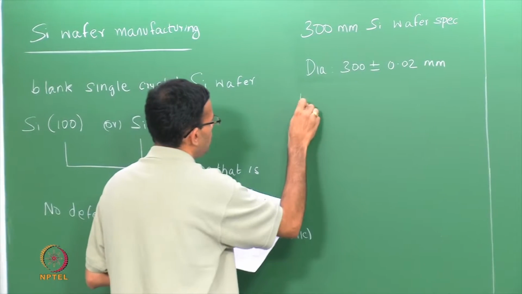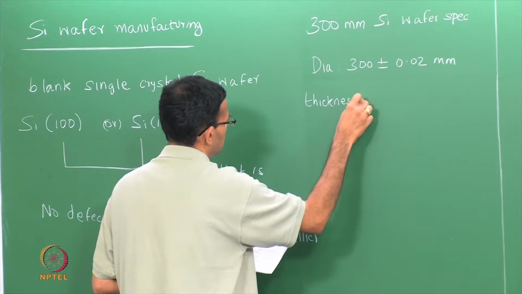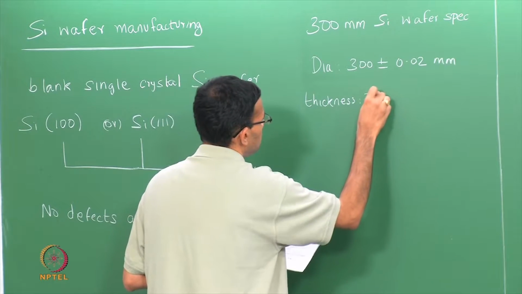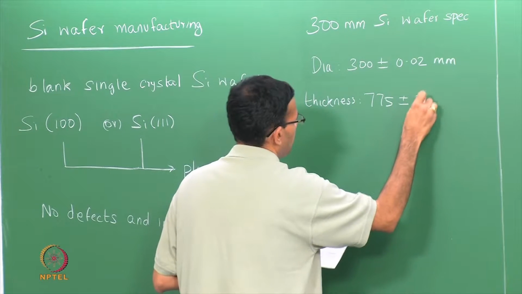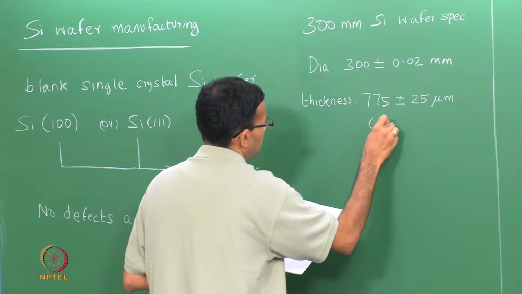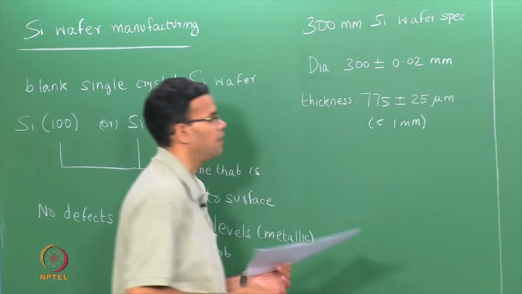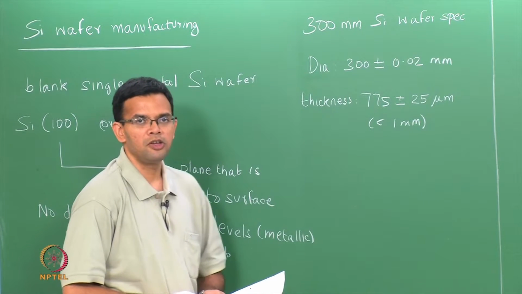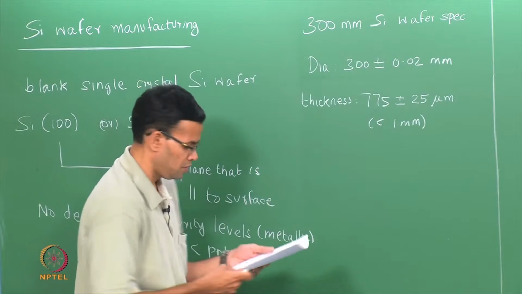The thickness of this wafer is very small, 775 plus or minus 25 micrometers, which is less than 1 millimeter. It's approximately 0.75 millimeters. So you're looking to make a wafer that has a thickness that is less than 1/300th of the diameter. So these are really thin wafers.